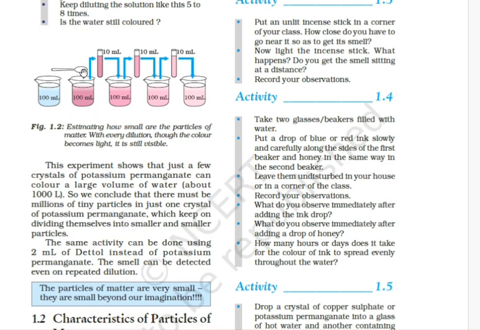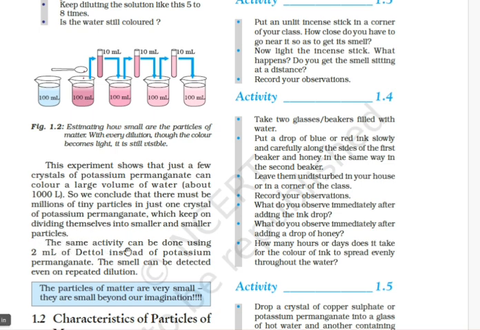In the 2 to 3 crystals there were so many millions of tiny particles which just got spread, keep on dividing themselves into smaller and smaller particles. Here the particles got divided equally.